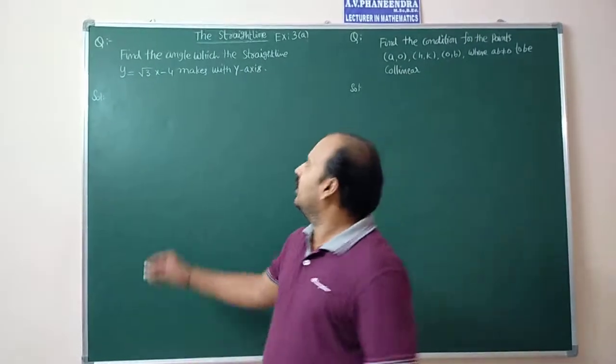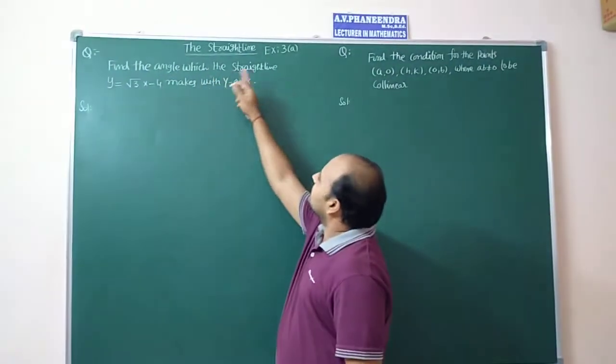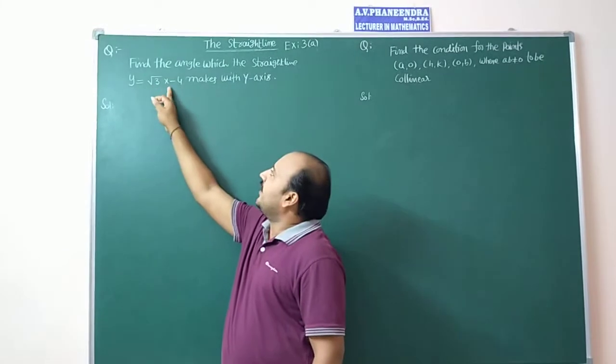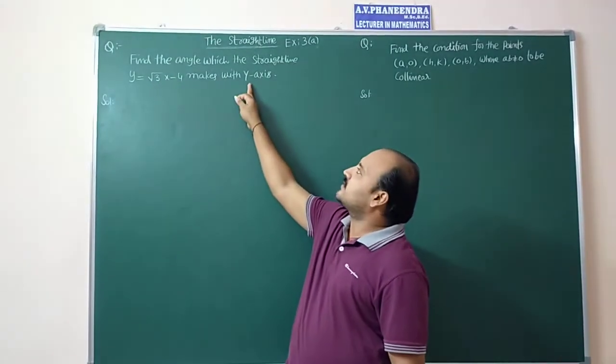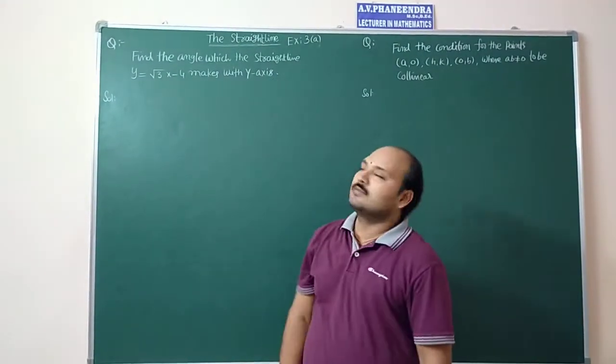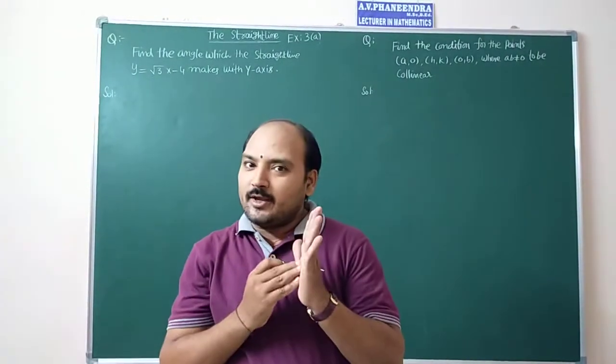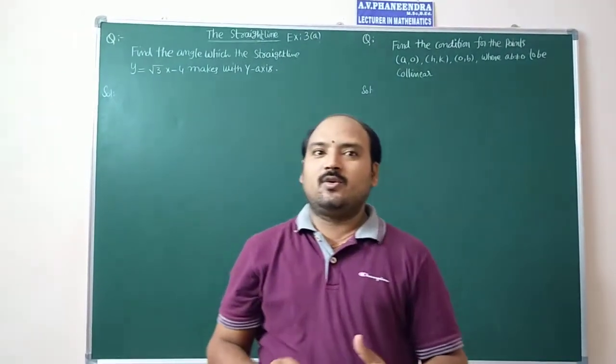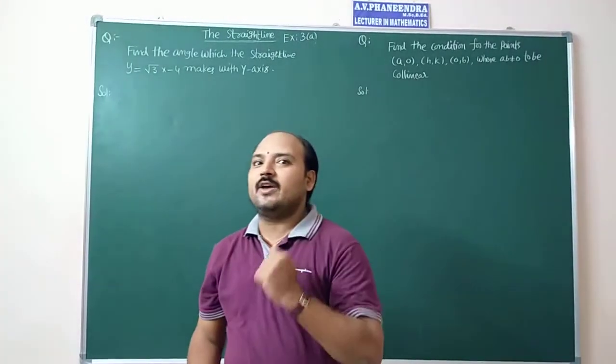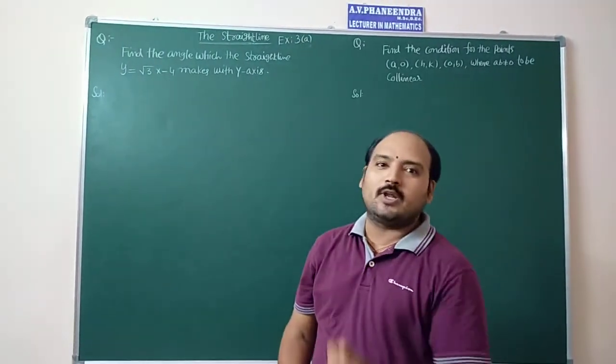Next question. Find the angle which the straight line y is equal to root 3 x minus 4 makes with the y-axis. Generally, the line makes an angle with the x-axis. Whenever the angle is with the x-axis, generally we consider the slope.